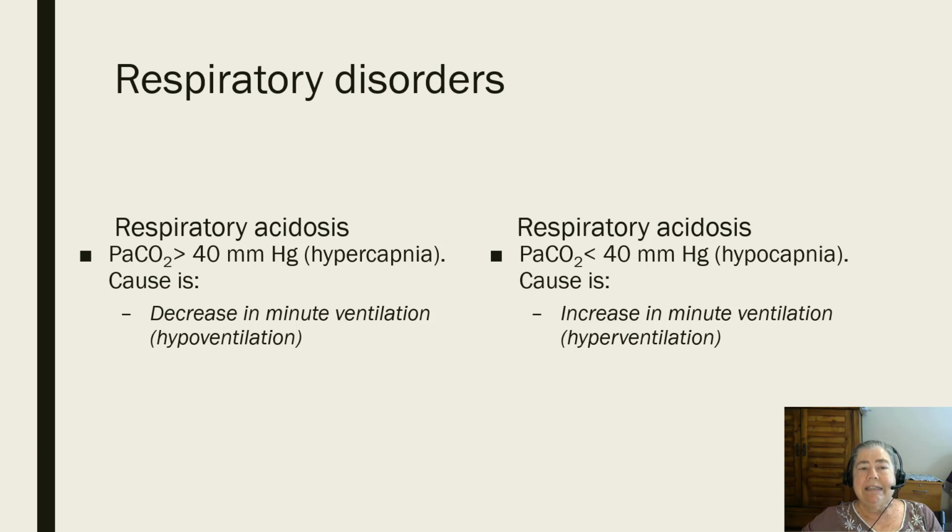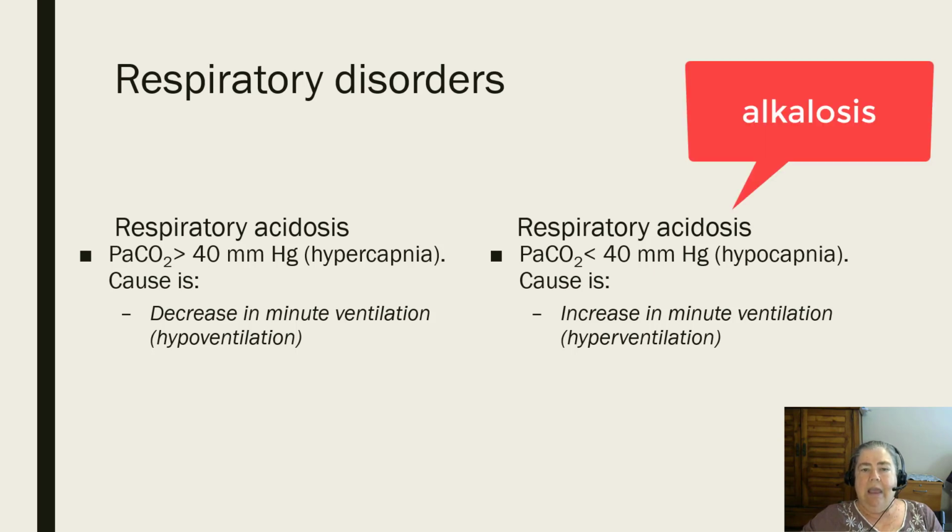If you do a blood gas on somebody with a respiratory disorder and their arterial partial pressure of CO2 is greater than 40, that's hypercapnia, and it's caused by hypoventilation, a decrease in ventilation. If the partial arterial pressure of CO2 is less than 40, that's hypocapnia. So you want your partial arterial pressure of CO2 to be around 40 as normal.